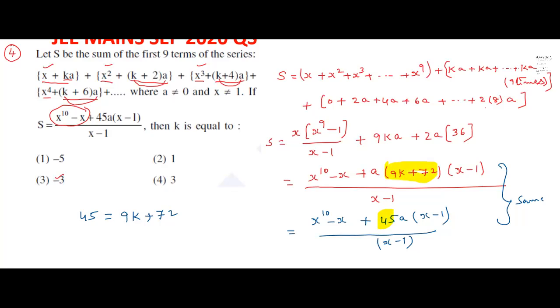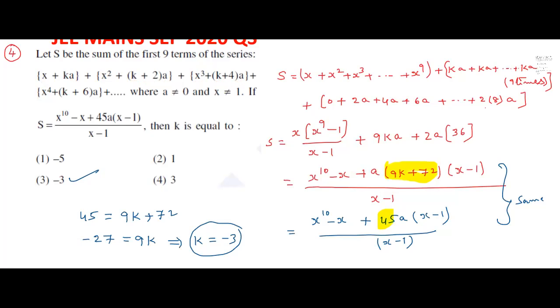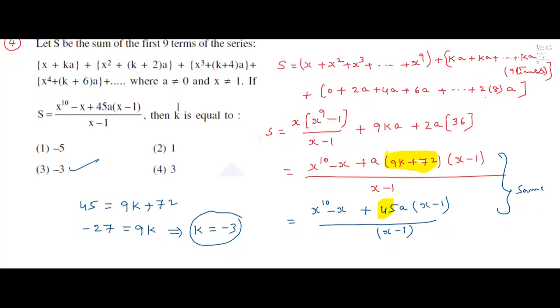How much? Minus 27. That is equal to 9K. Finally, what is the K value? Minus 3. This is the answer. So which option is correct? The third option is correct. Students, have all of you understood? Right. I am going to discuss the next question.